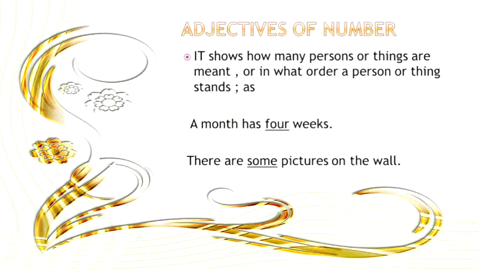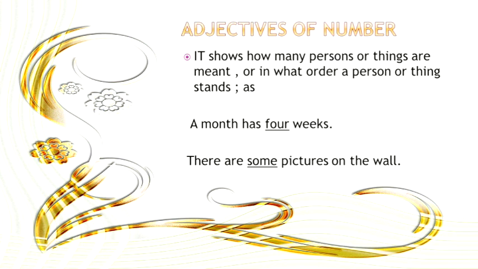Now in the same way, adjectives of number show how many persons or things, or in what order a person or thing stands. Example, a month has 4 weeks. Now in this sentence, dear children, the word weeks is a noun.